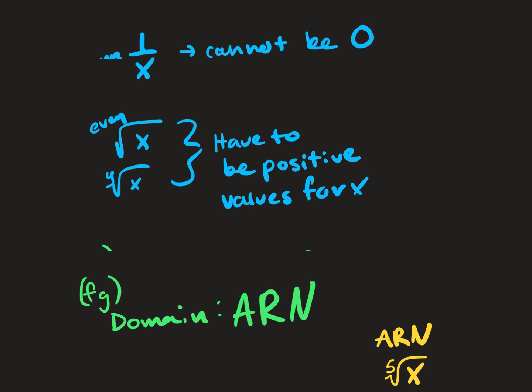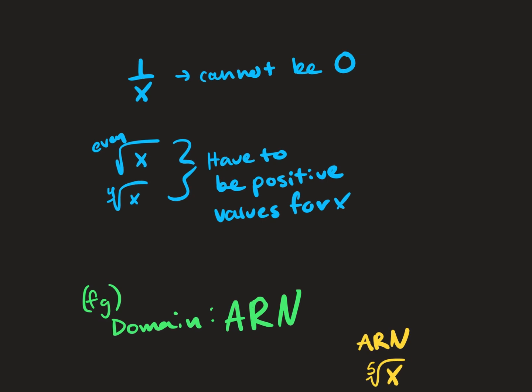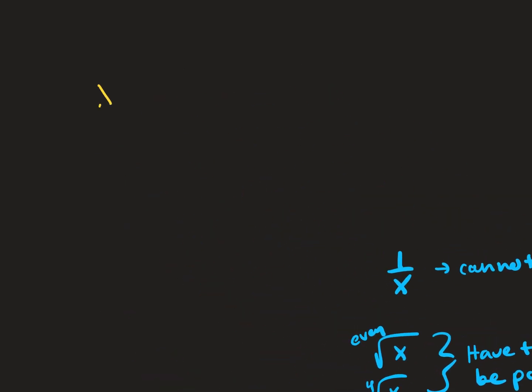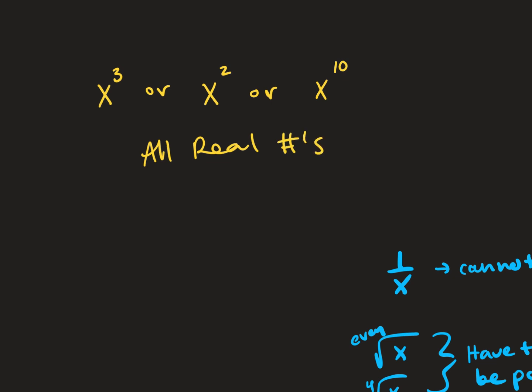If you had x to the 5th power, what's your domain? All real numbers. Perfect. It's not one of these two. Any exponent, like x to the 3rd power, or x squared, or x to the 10th power, these are all real numbers, because they're not one of these two.